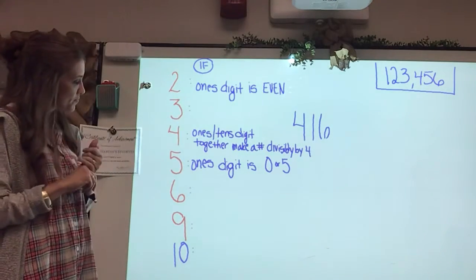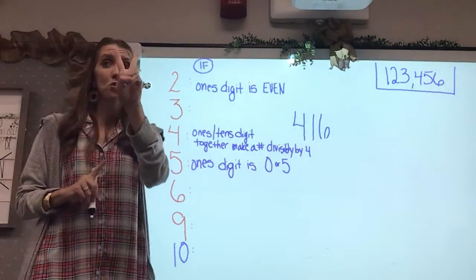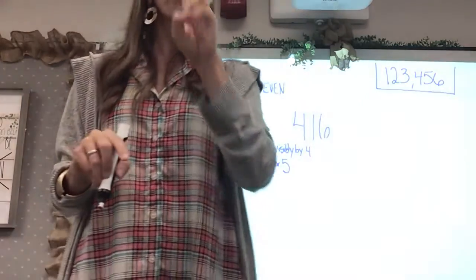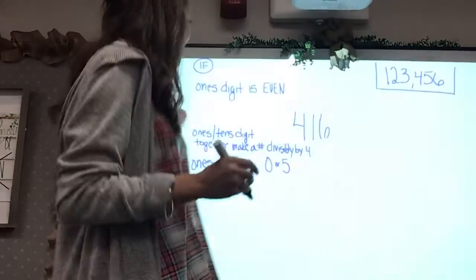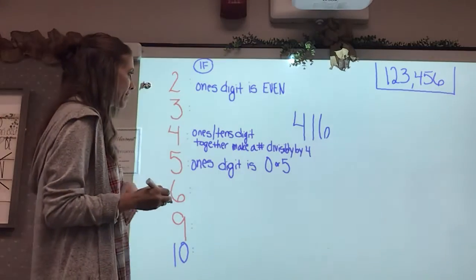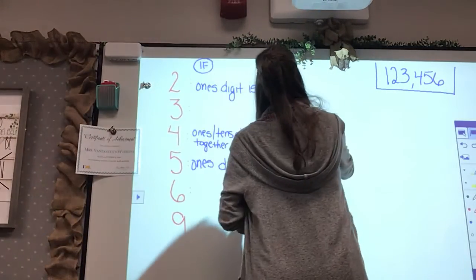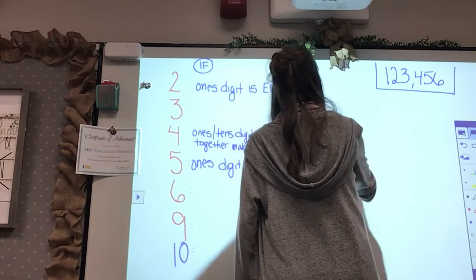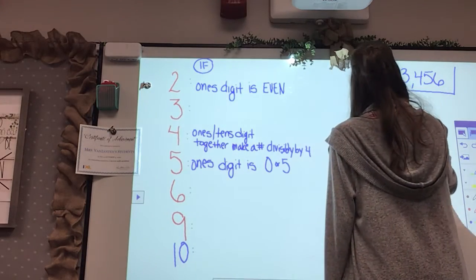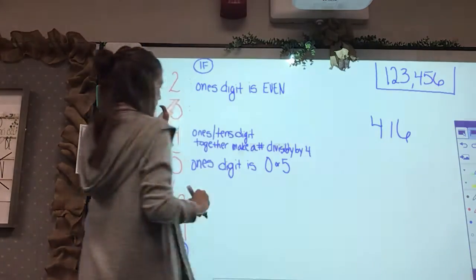So now, we're going to take 2 numbers that have the same rule. 3 and 9, we can kind of combine them, all right? I'm going to move my number over here. 416. Okay, 3 and 9.